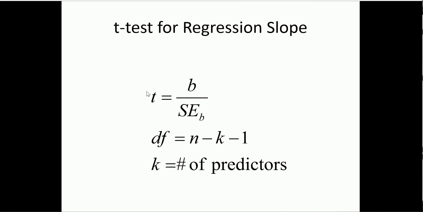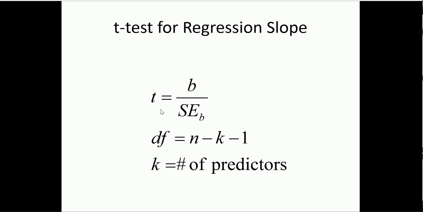The formula is fairly straightforward, although it's a bit more involved if you're doing this by hand, because if you're doing multiple regression by hand, you would be employing matrix algebra, so we're just not going to go there for now. But in the end, you would take the unstandardized regression coefficient and divide it by the standard error of the unstandardized regression coefficient, which is basically a measure of how much you expect the regression coefficient in your sample to have deviated from its population parameter, its regression coefficient in the population.